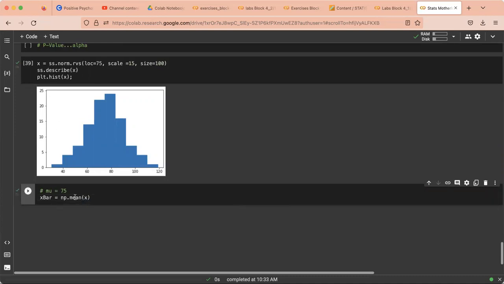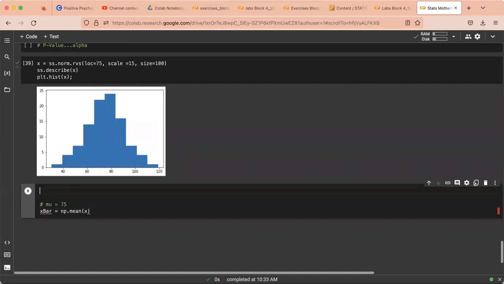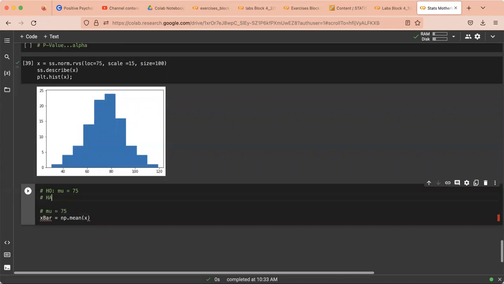So that is the distinction. For example, in this one, you're trying to say H0 is that your mu is equal to 75, and HA is that, let's say, mu is different.